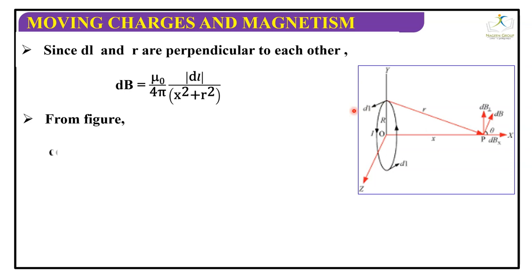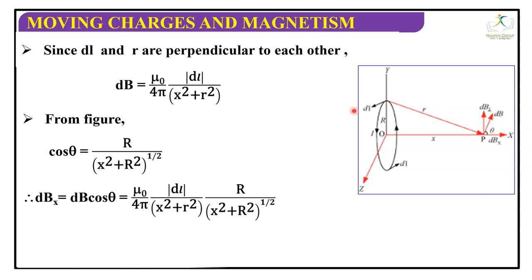From this we can write dB is equal to mu naught by 4 pi, dl by x square plus R square. From the figure we can calculate the value of cos theta, that is R divided by x square plus R square to the power half. Now for the x-axis, we know there will be two components of the field, and the perpendicular components will cancel out.